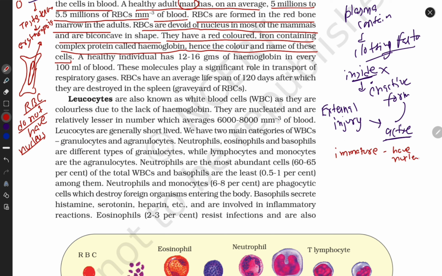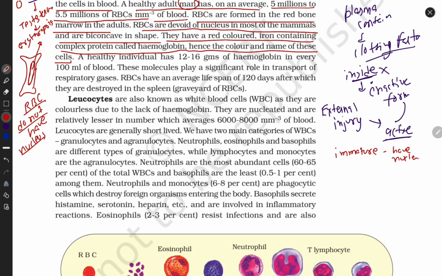Our environment contains lots of gases like nitrogen and argon, but our RBC can't bind with them. Our RBC is specialized for binding with either oxygen or CO2. That's why we say we inhale oxygen and exhale CO2.